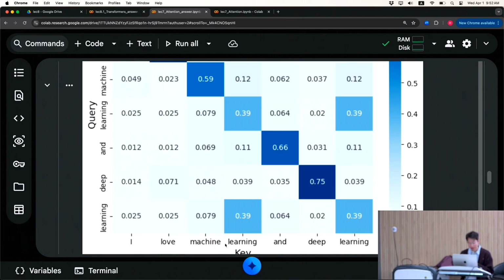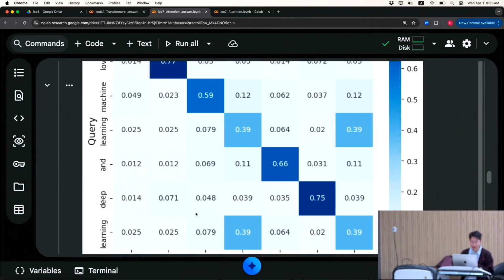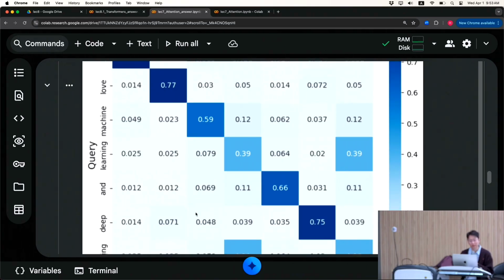Because there's an N here that matches, an I here that matches. So N occurs twice in these two tokens, and there's I and there's A, and compared to love, there's only one letter that matches. So this attention score is sensitive to the character level frequency.